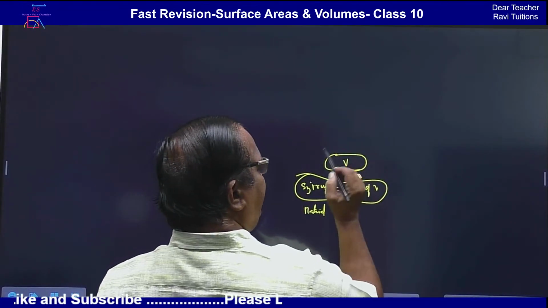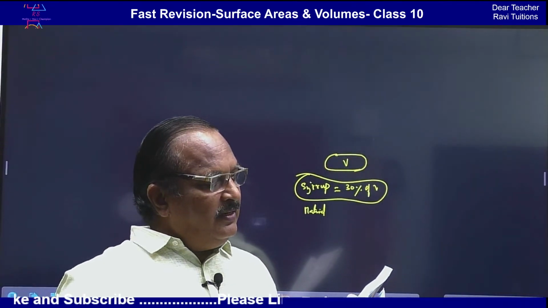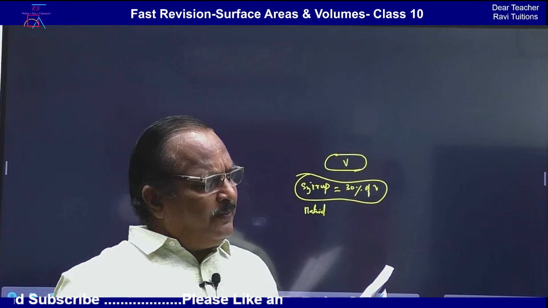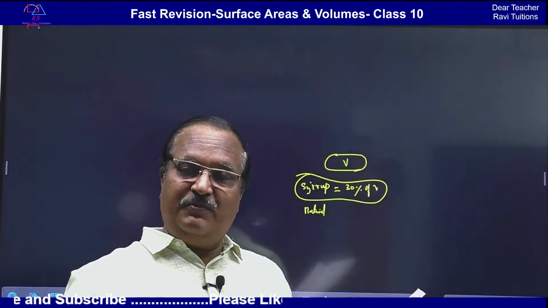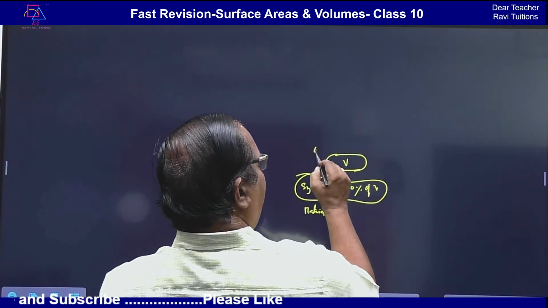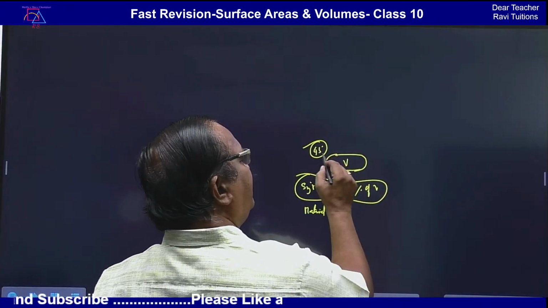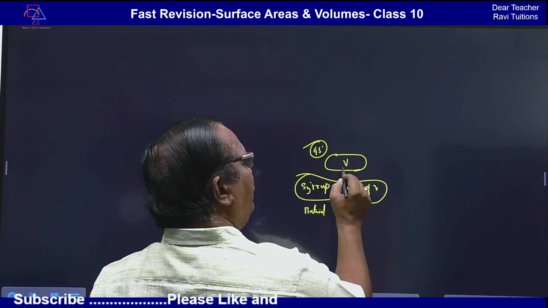So this V is volume of 1 gulab jamun, right? Find approximately how much syrup would be found in 45 gulab jamuns. So there are 45 gulab jamuns. So approximately how much syrup in 45 gulab jamuns is available?